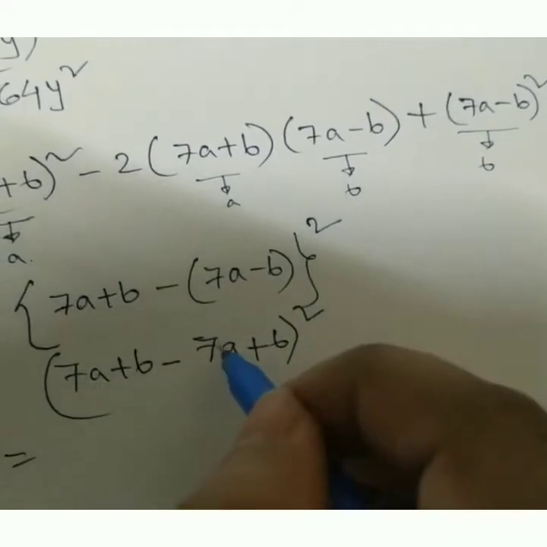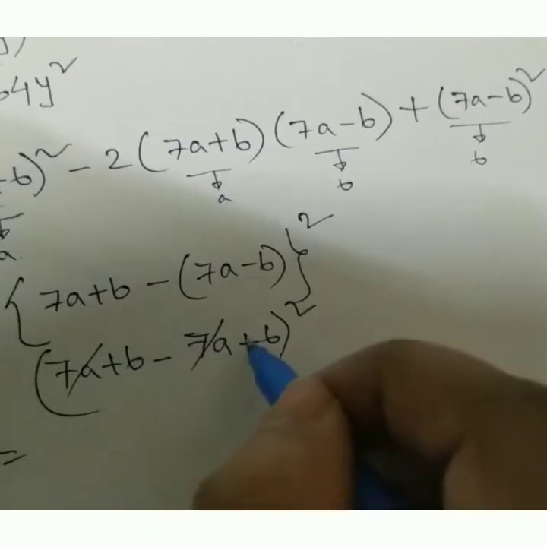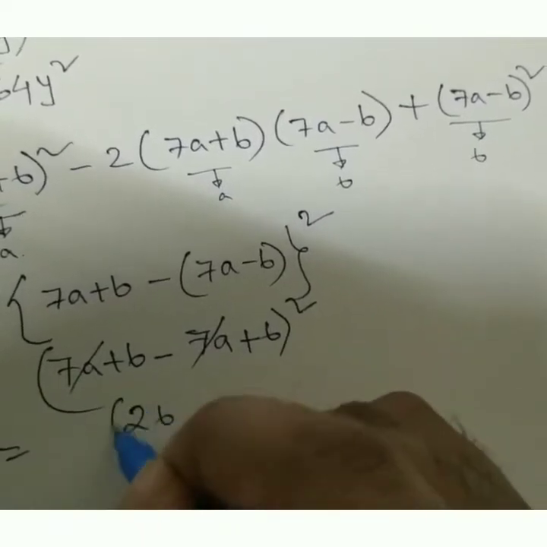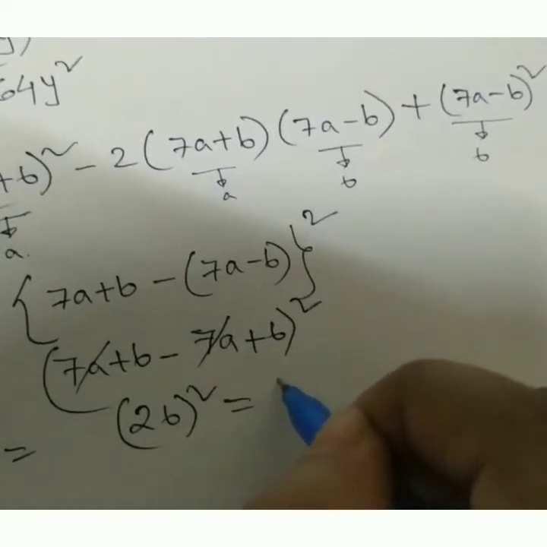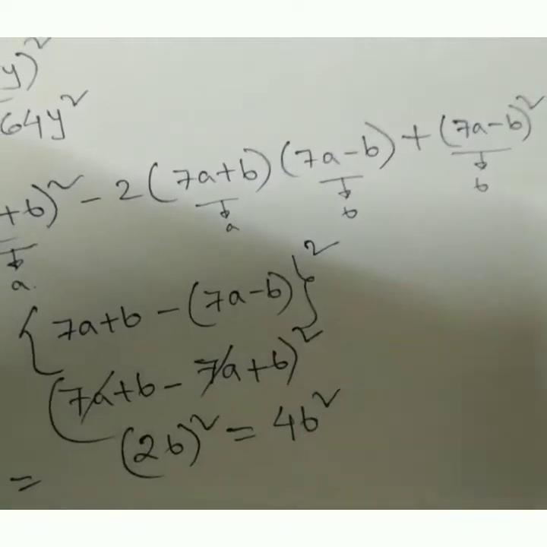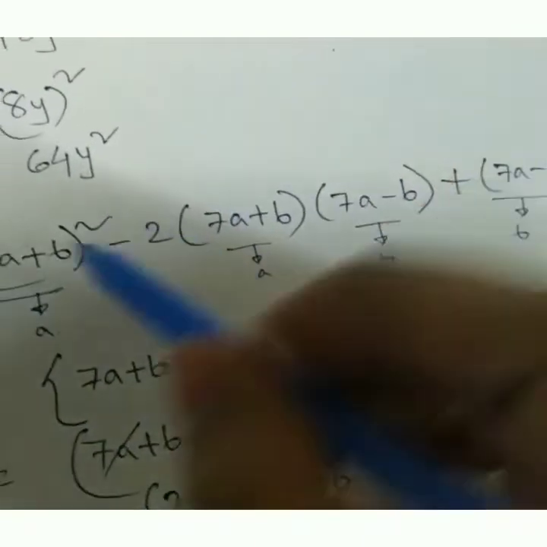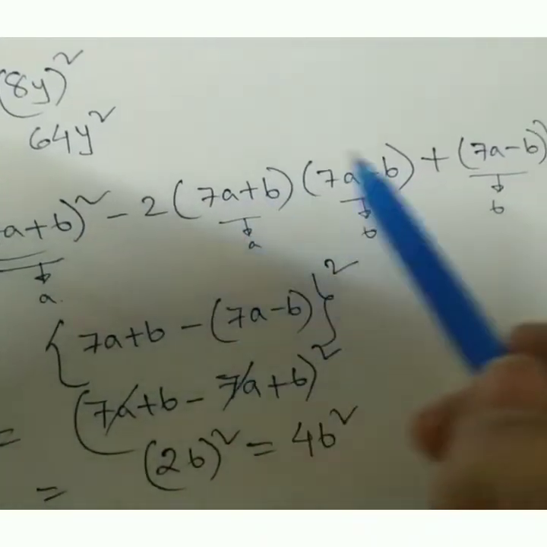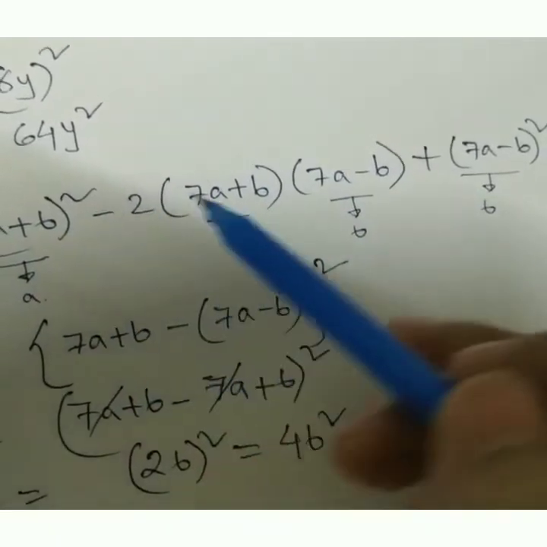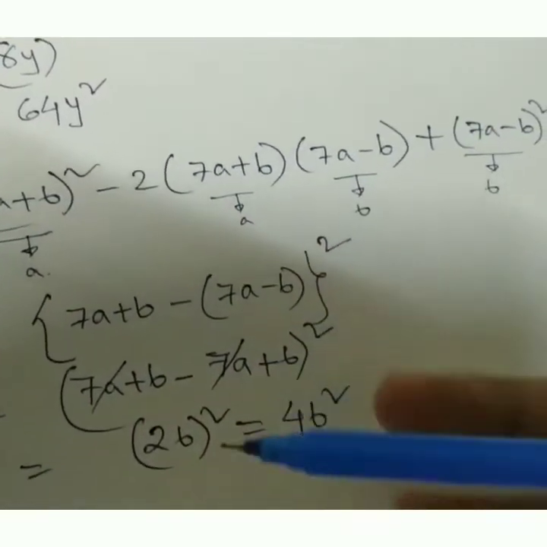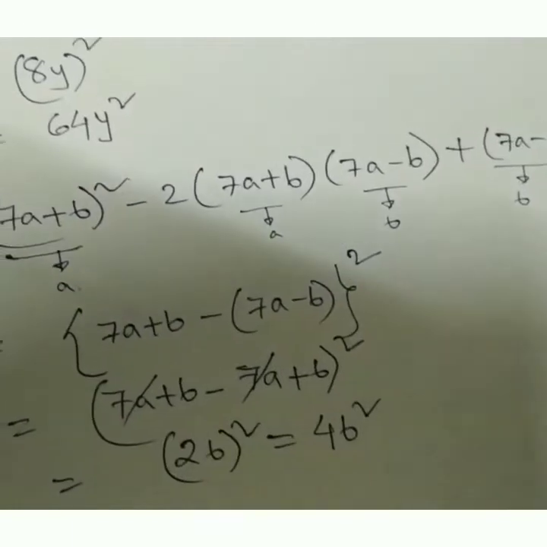So 7a minus 7a is already gone. b plus b is 2b. So (2b) whole square. So what is the answer? 4b square. So very easy. If you have a problem which is in this expanded form, you need to reduce and simplify this. Okay, very simple.